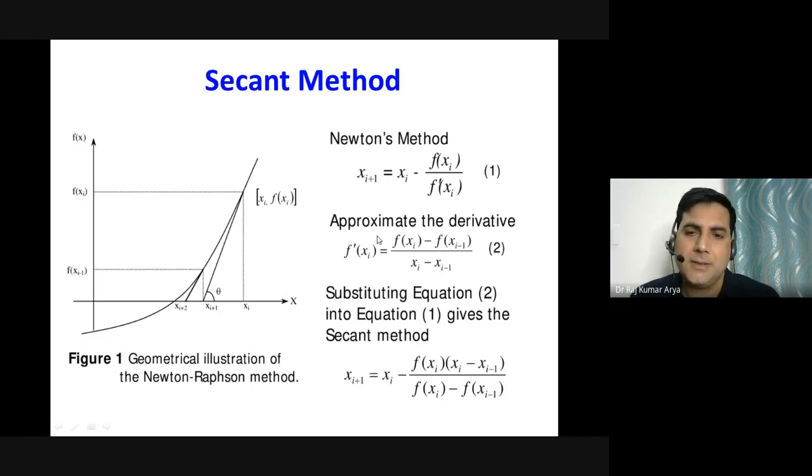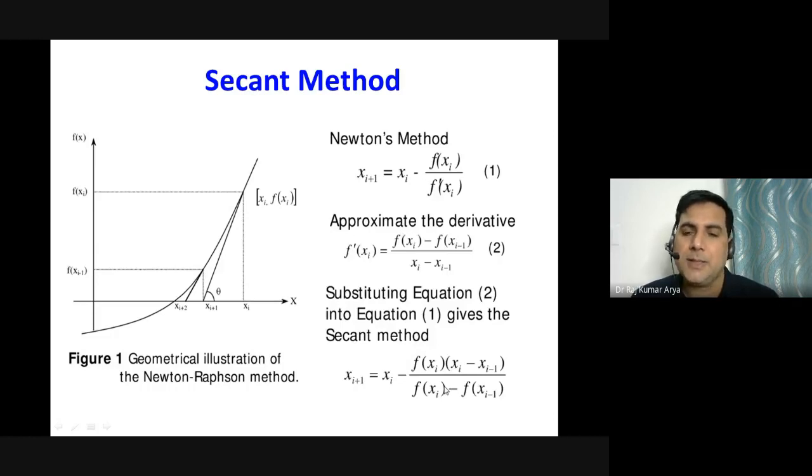Again, you are taking it from the Taylor series expansion. You get x_{i+1}, and then you are calculating the derivative from first principles. Plugging in those two things, you get the secant method.